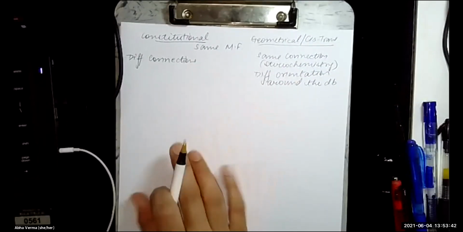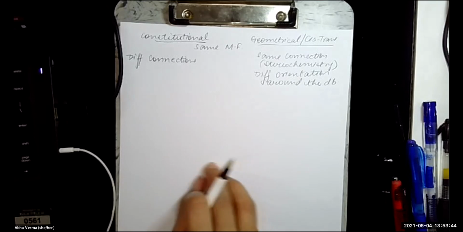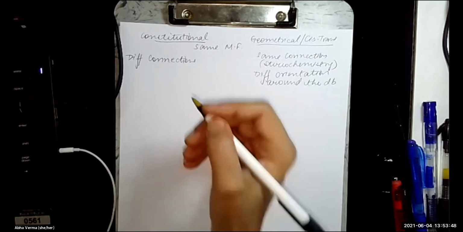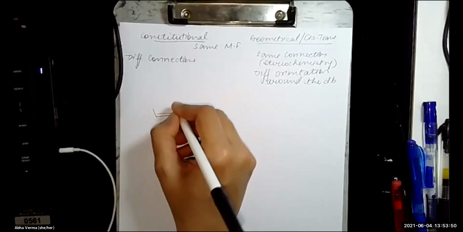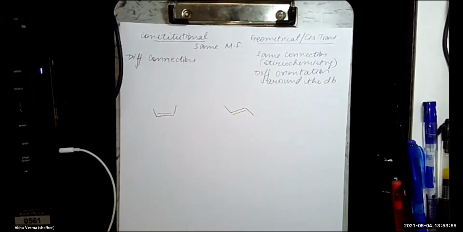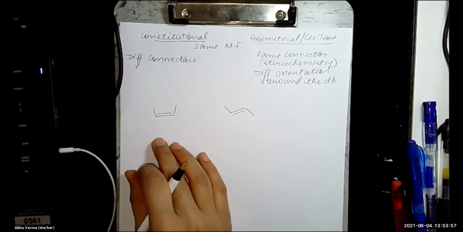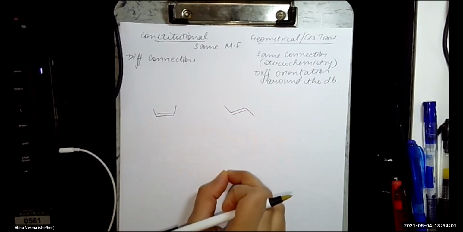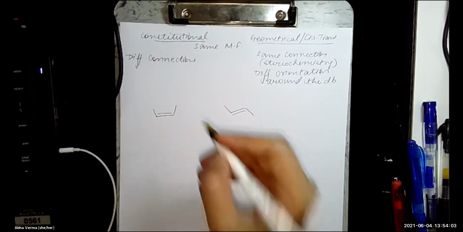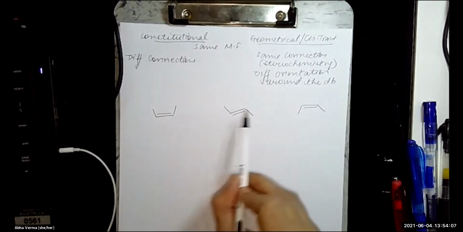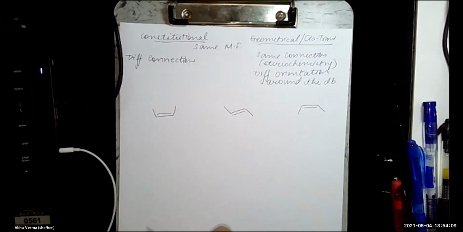Now, usually IUPAC nomenclature can also help you. For example, if I have this molecule and I have this molecule, if I use the IUPAC nomenclature correctly, I can still figure out if they are the same molecules or different molecules. So let's look at these 3 examples. I've just rotated a few bonds here and there.